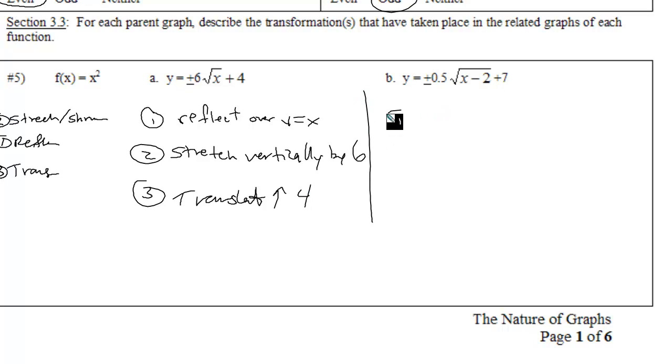B, similar. This is the inverse of this parent graph because the parent graph is x squared. This is plus or minus the square root of x. So it's reflected over the line y equals x.